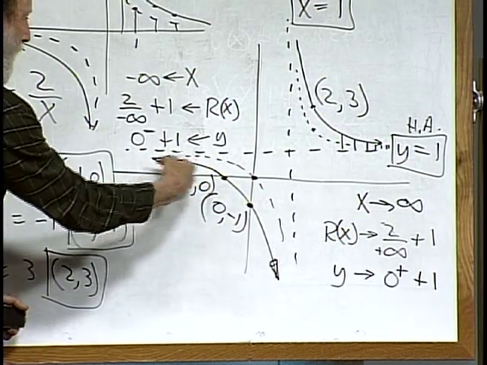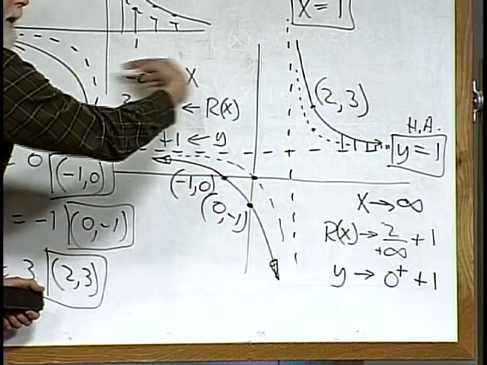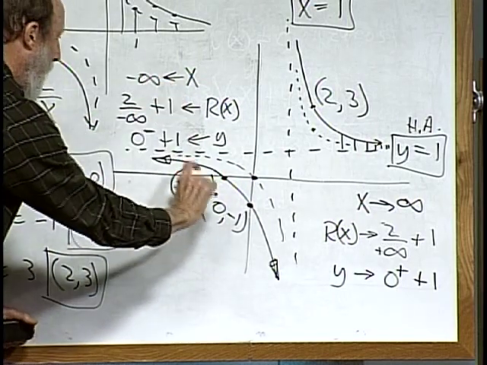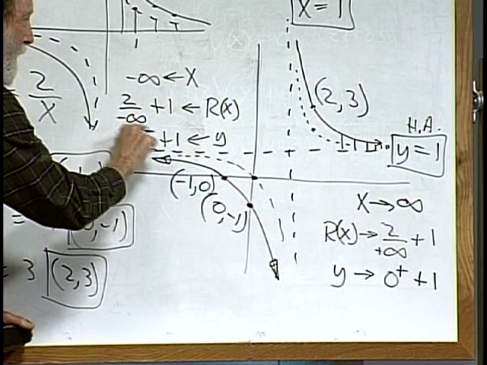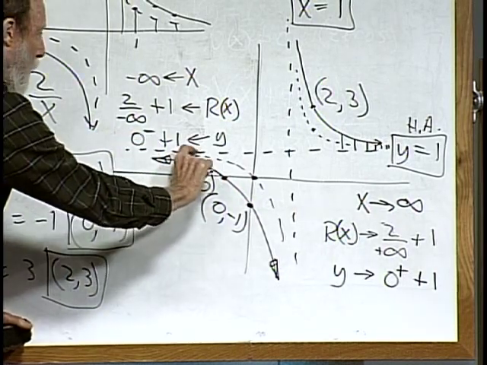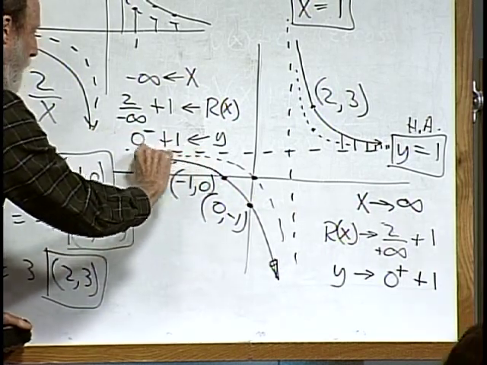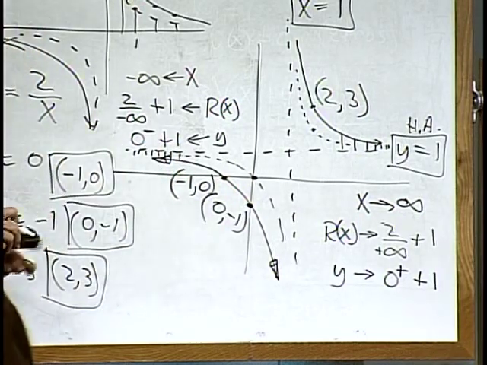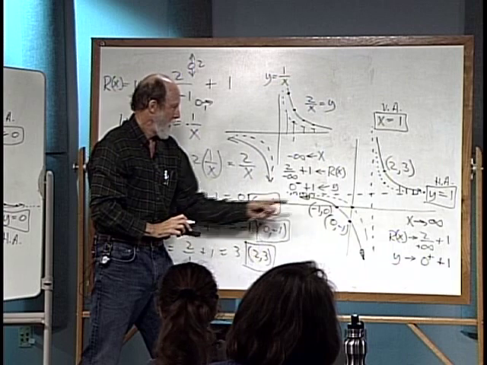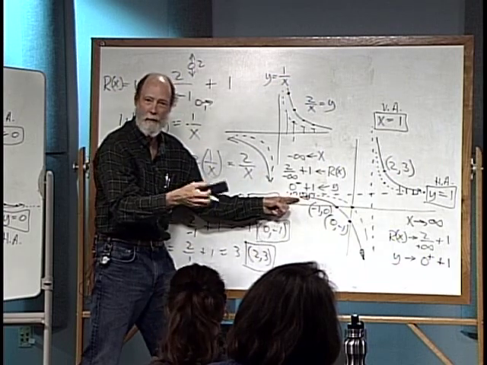So check this out. As you come off to the left, you're up at 1, and you're taking a little bit away from this 1. And the further out you go, you're taking less and less away. I like to think of something physical.